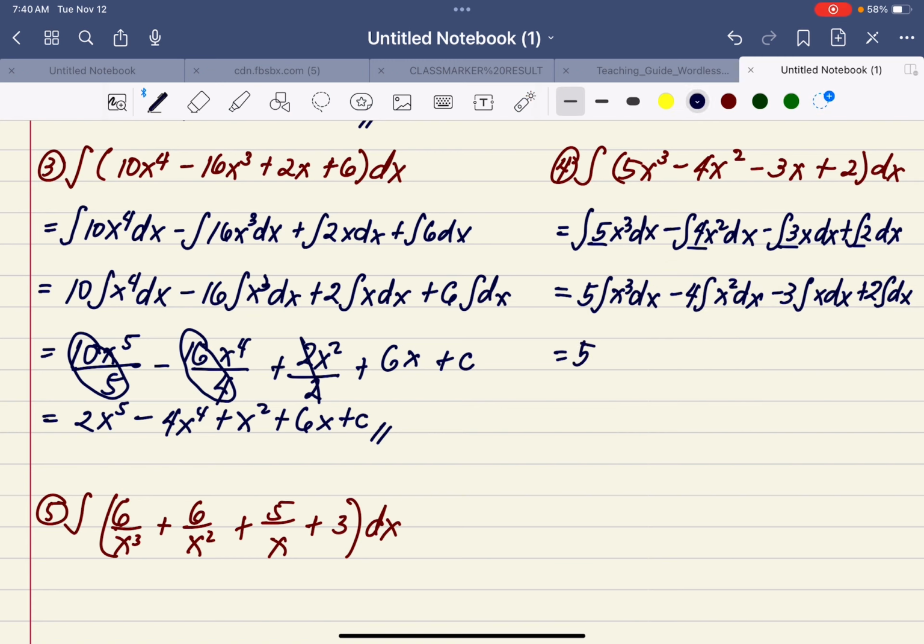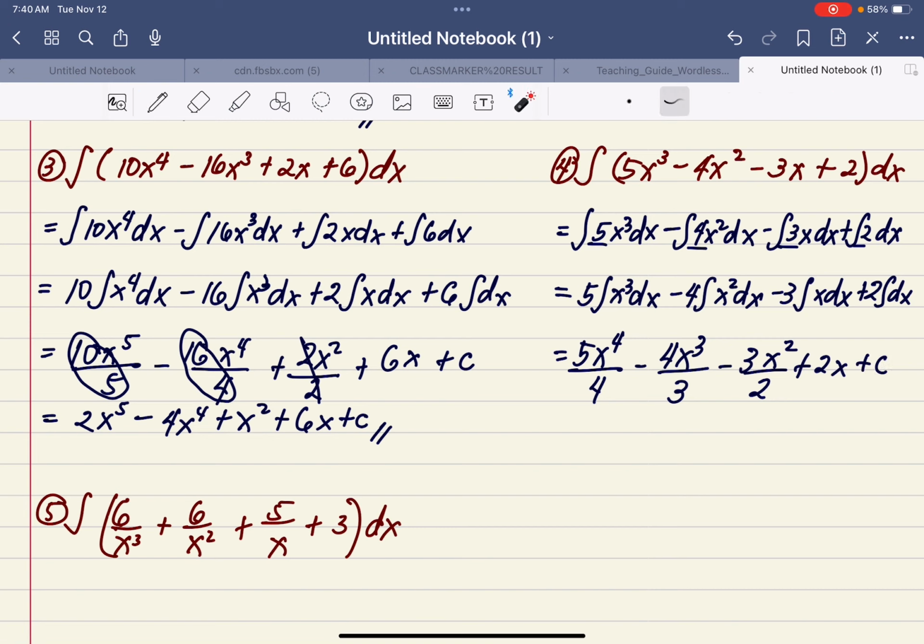So 5x, 3 plus 1, that is 4. So this will become x raised to 4 over 4 minus 4 x squared, that will become x cubed over 3 minus 3x squared over 2 plus 2x plus c.